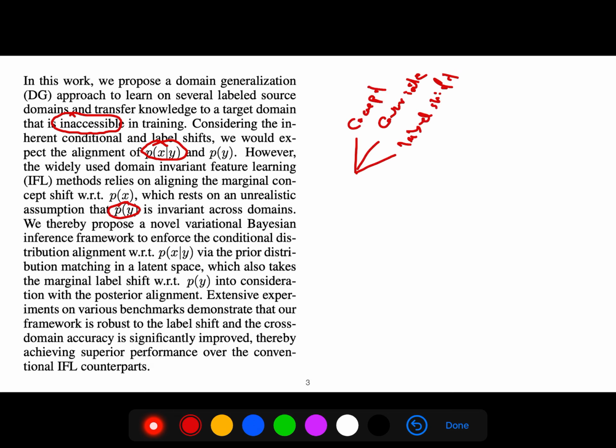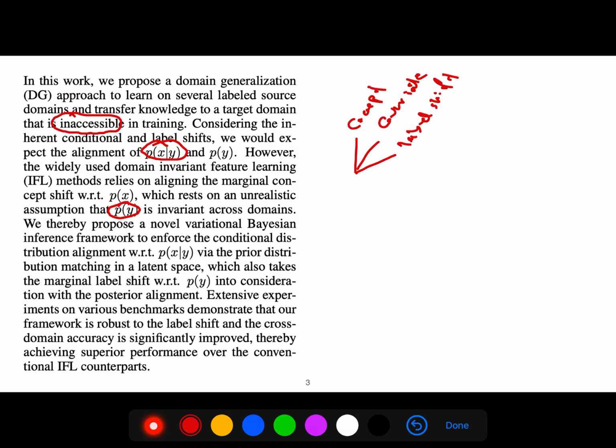We thereby propose a novel variational Bayesian inference framework to enforce the conditional distribution alignment with respect to probability of X conditioned on Y via the prior distribution matching in a latent space, which also takes the marginal label shift with respect to P of Y into consideration with the posterior alignment.